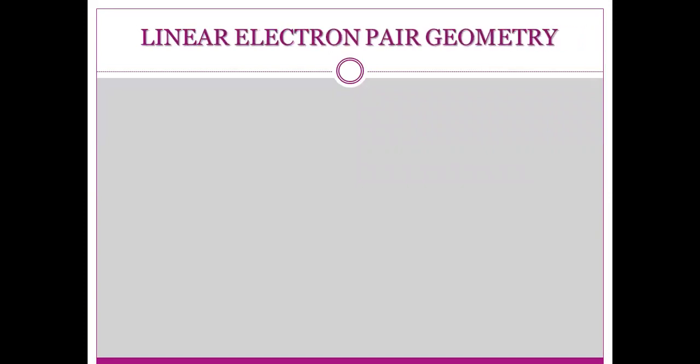What is meant by the electron pair geometry? Yes, we know how the repulsive units are distributed according to the spatial arrangement. You end up with the electron pair geometry, and how we lead into the linear electron pair geometry.